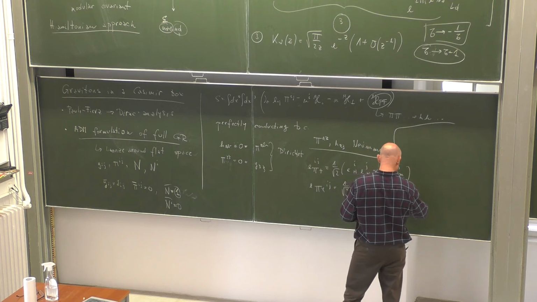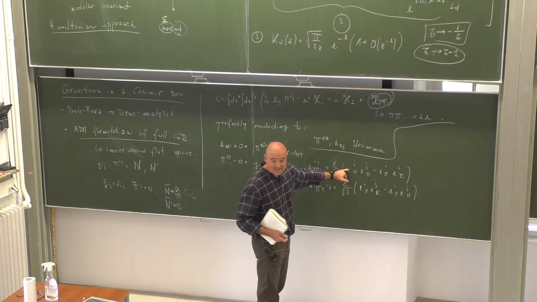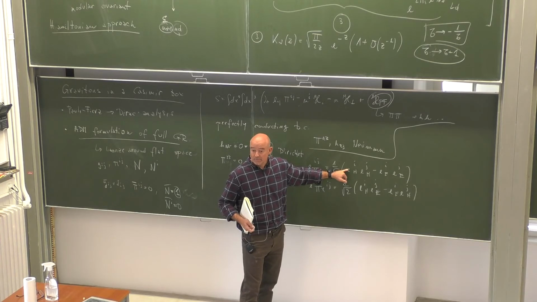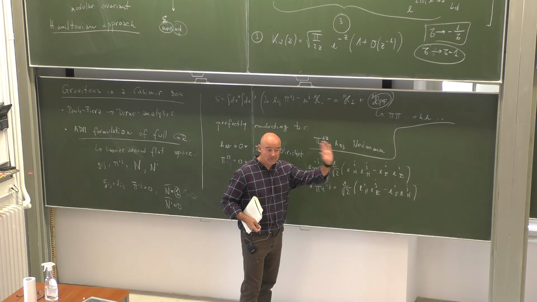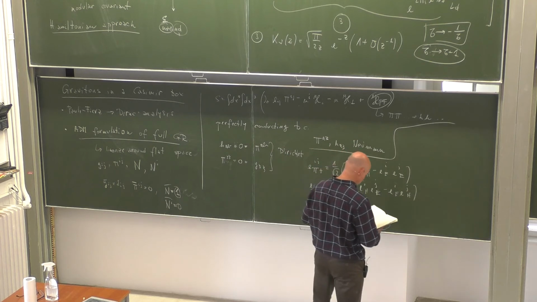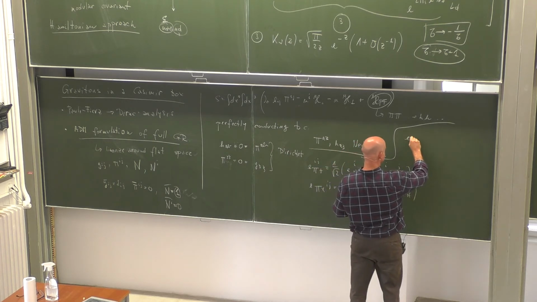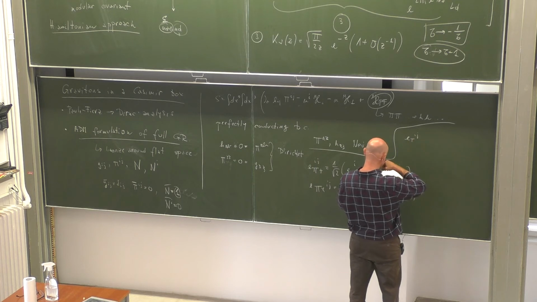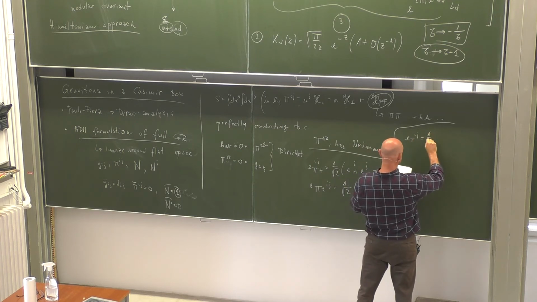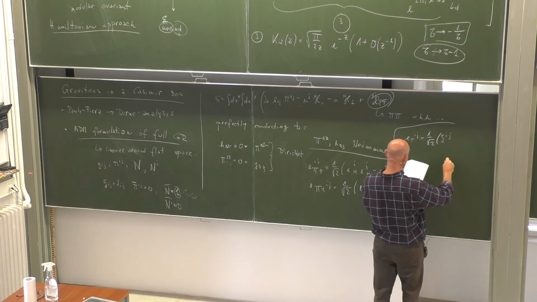So remember that in the electromagnetic case, I already told you what these polarization vectors were. Out of these, you build the tensors, and they give you everything you need to solve the constraints. So you have this object here, and then you have the traceful part, which has to do with the longitudinal polarization.